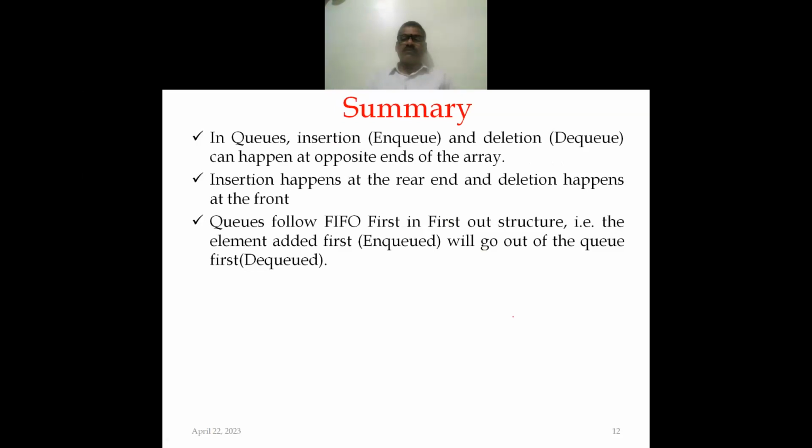So insertion will be done from the rear end and deletions will be done from the front end. The two opposite ends we are naming front and rear. So Q always follows a FIFO, first in first out, structure. That is, the first element which is inserted is the first element to be removed from that queue.